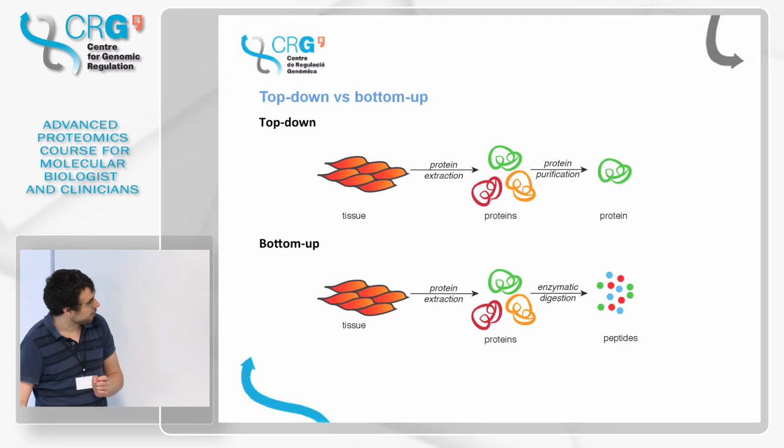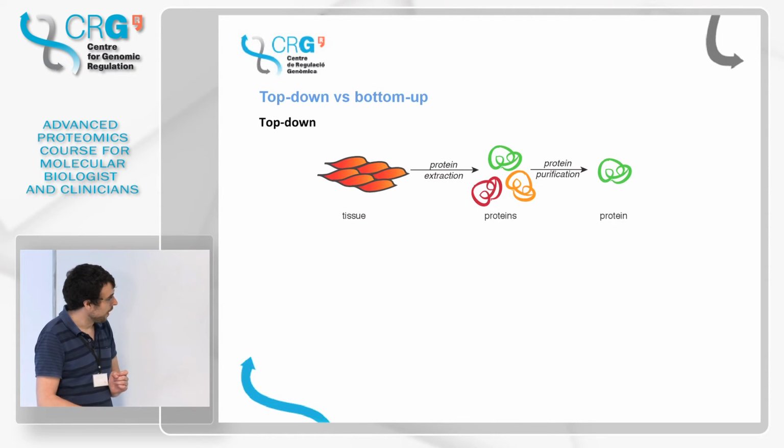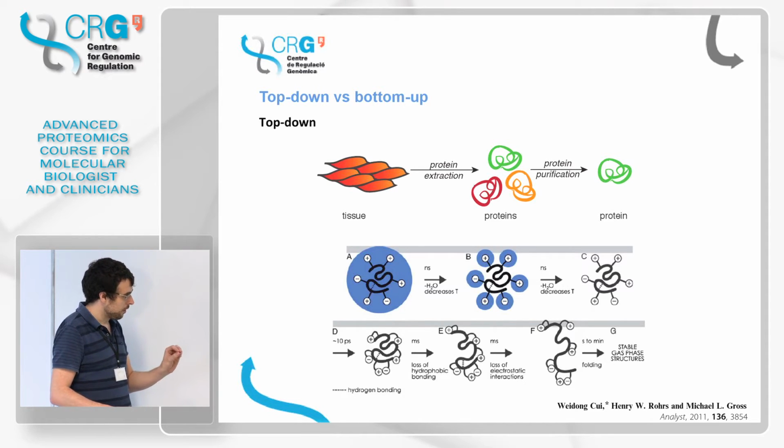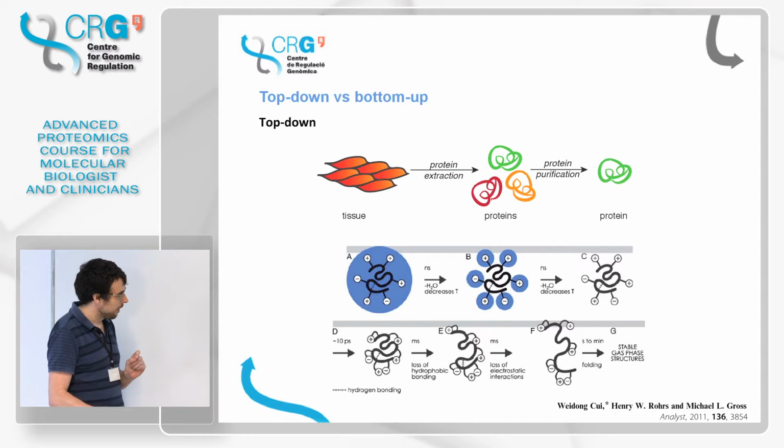So in top-down proteomics, we have these tissues, proteins, and we purify these proteins, as we already know. So these proteins, we put them as droplets in the electrospray, charged. In these droplets, the solvent is getting evaporated, then the charges are retained in the protein.